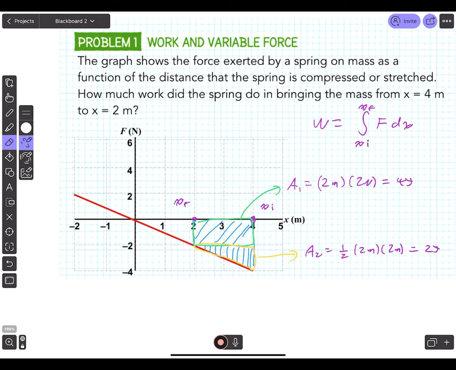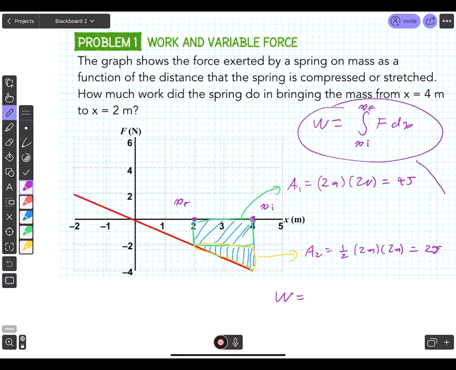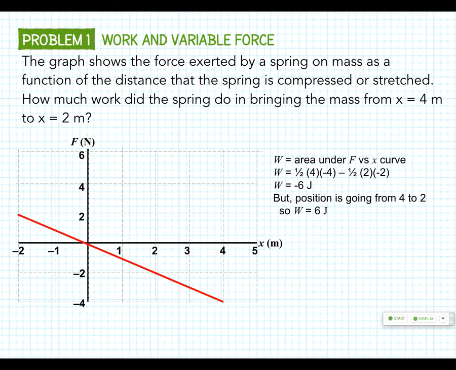So we have up here, if I had drawn it correctly, we would have 4 joules and 2 joules. So our work then, based on this equation here, will just be the area underneath that graph, so it'll be A1 plus A2. So the total work will be 6 joules. Positive. Okay. All right.